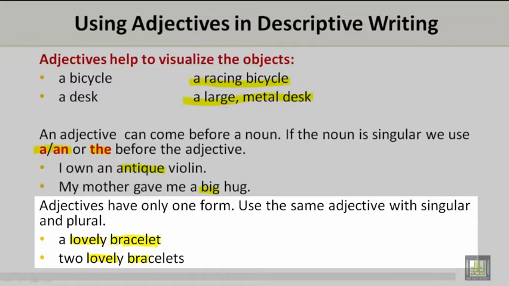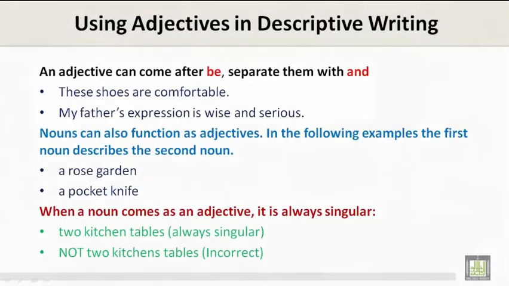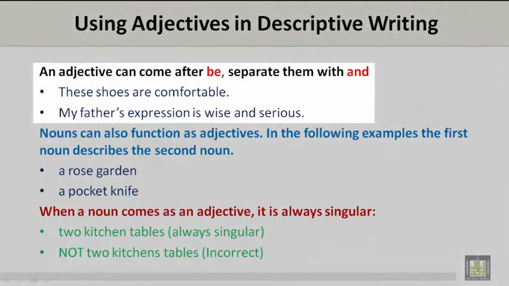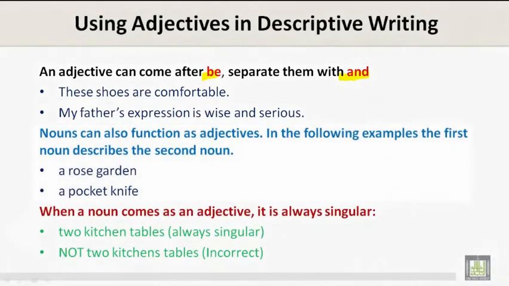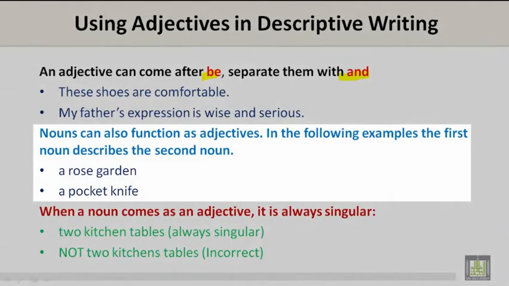singular and plural form. An adjective can come after the verb be, and you should separate them with and. These shoes are comfortable. My father's expression is wise and serious. Nouns can also function as adjectives.